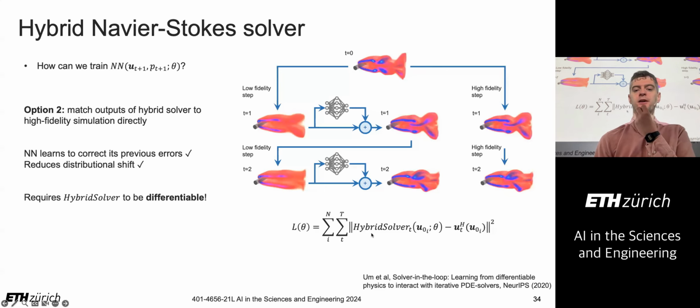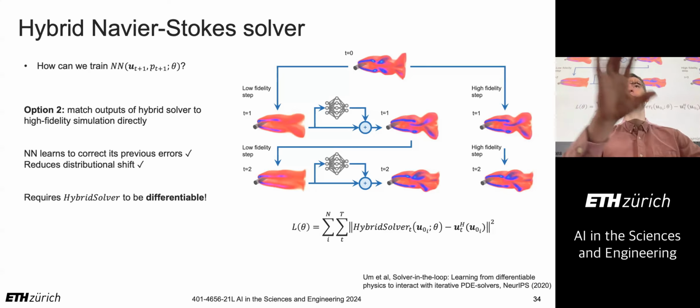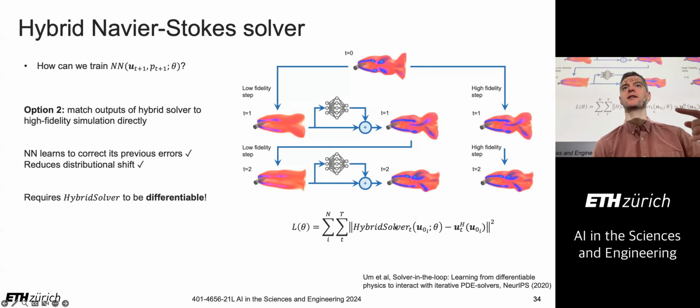But there's a challenge here, which is that our hybrid solver itself, this whole function, also contains all of our traditional numerical steps, like our matrix solves and other parts of that pseudocode, which are all called inside of this function. We have to do a matrix solve at each of these low fidelity steps.